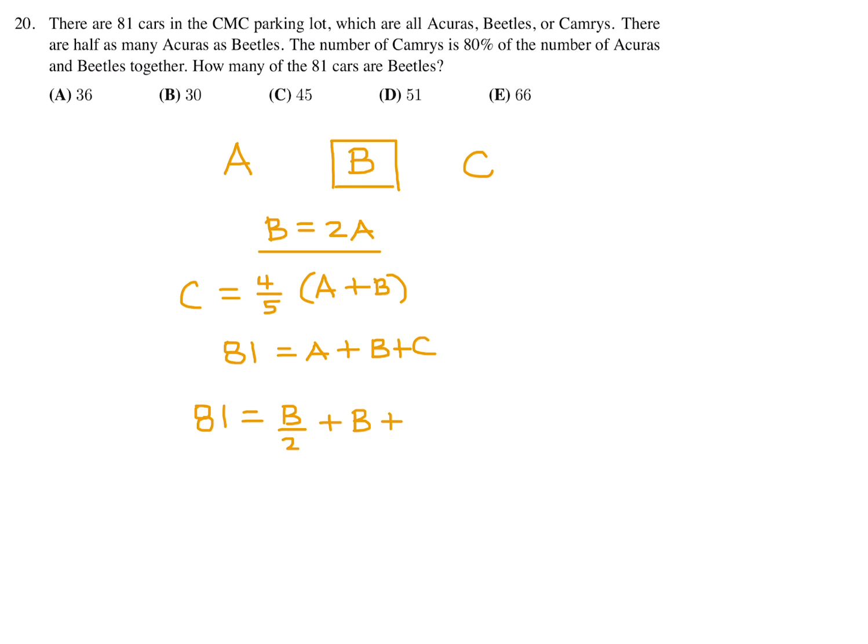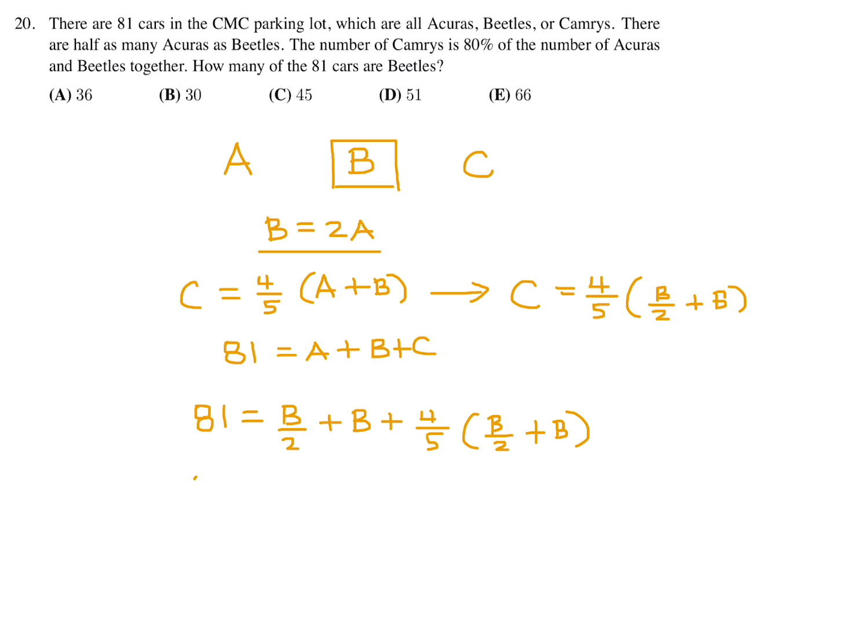And plus C. Now, C I can probably get in terms of B as well using that equation. So C is equal to 4 over 5A, but A I can write B over 2 plus B, like that. So there you go. Instead of C here, I can just put 4 over 5 B over 2 plus B, like that.